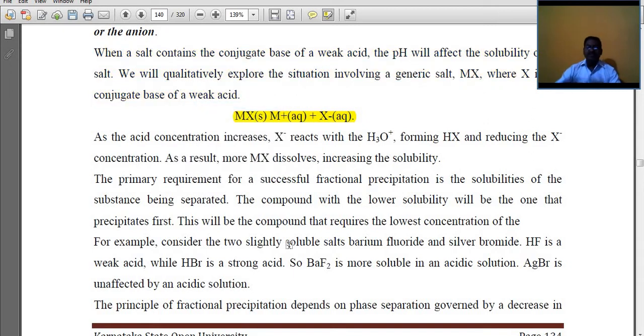As the acid concentration increases, X minus reacts with protonic acids like H3O plus, forming HX and reducing the X minus concentration. As a result, more MX dissolves, increasing the solubility.